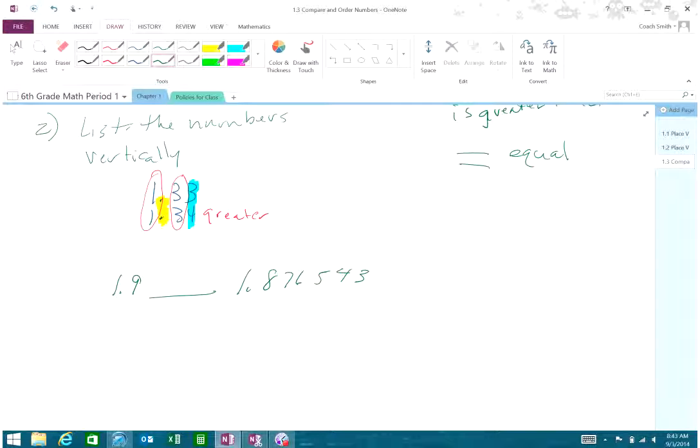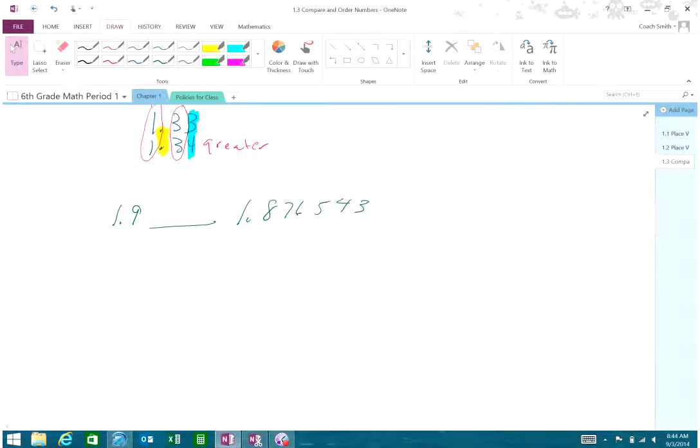Okay? Now, sometimes people look at this and they go, well, this has got to be bigger because it's got more numbers. Well, that's why I always say make sure they have the same amount of digits. So if I was doing that with this problem, I would take 1.9 and 1.876543, and the first thing I need to do is make sure they have the same amount of digits. Okay, now they have the same amount of digits, I can compare them.